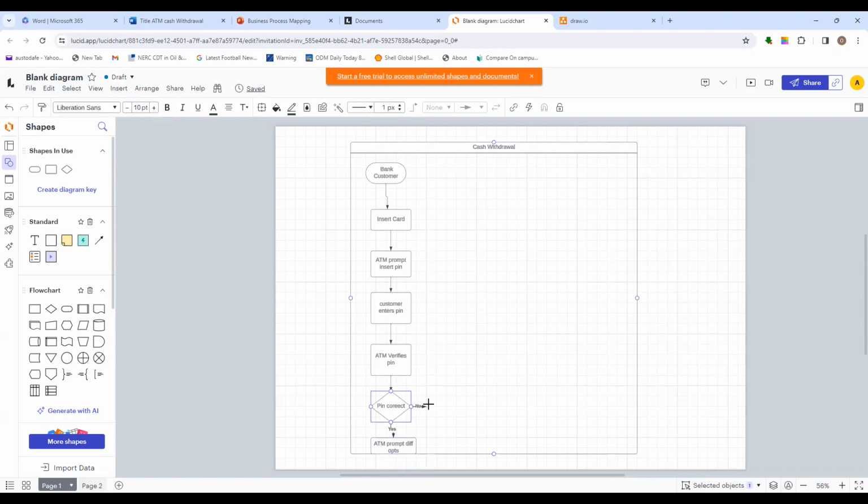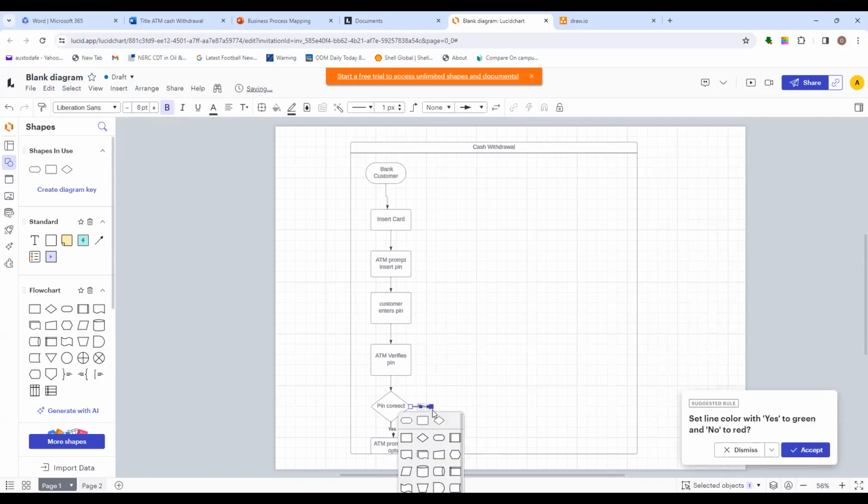If no, alternate flow. If no, let's keep it here first. We'll come back again in the alternate flow. Let's continue this one. Okay, let's go ahead.